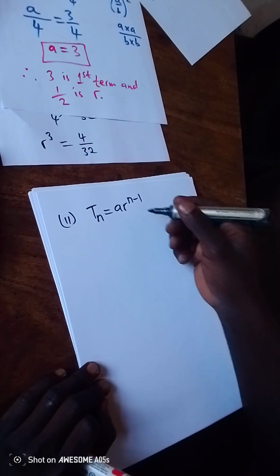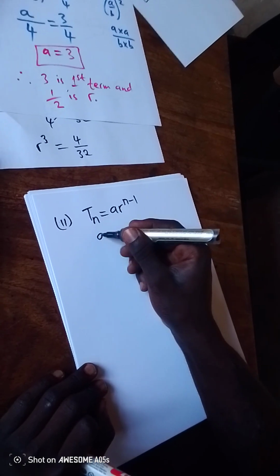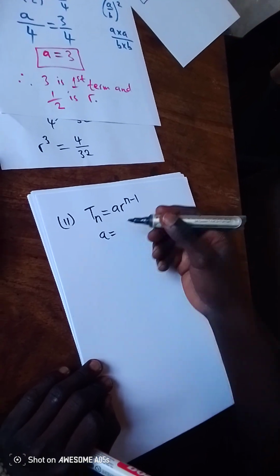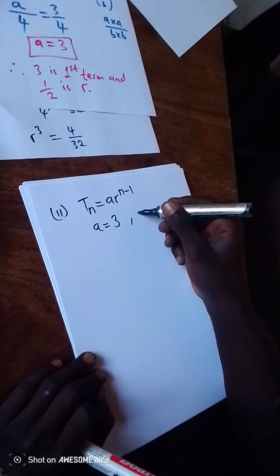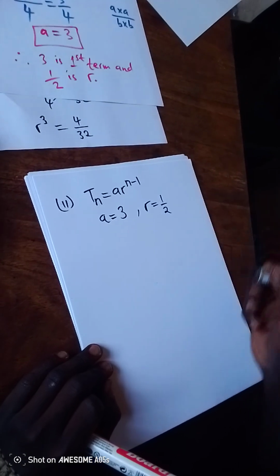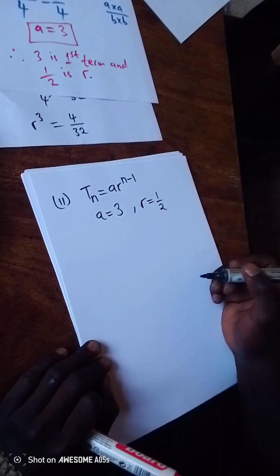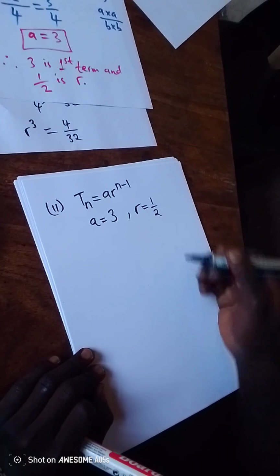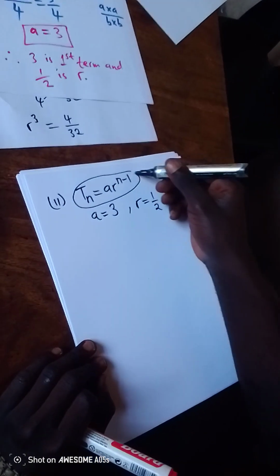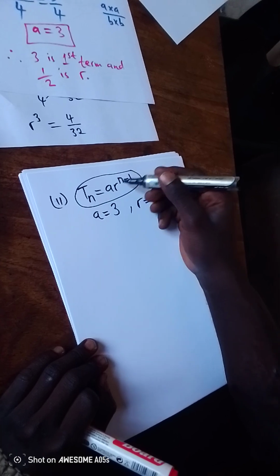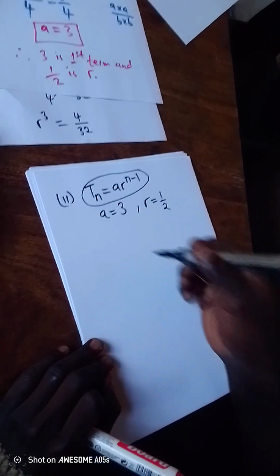Then from our calculations from question 1, we can say a was equal to 3, then r was equal to 1 over 2. So we are going to replace these two and simplify. Then that will be our nth term. So the nth term is the same formula, but just replace the a and r values and then simplify.